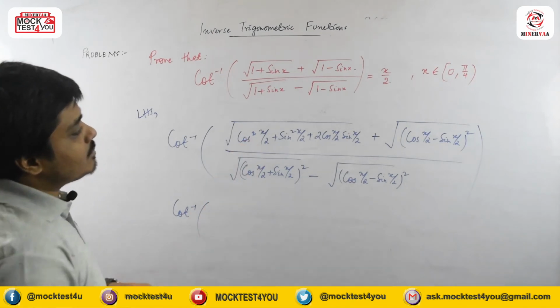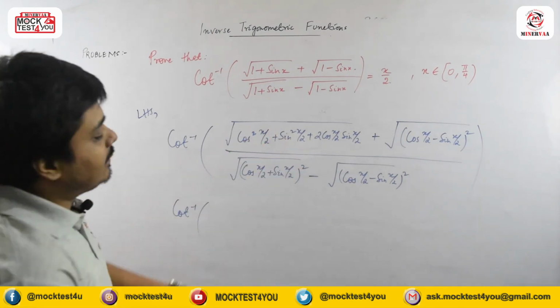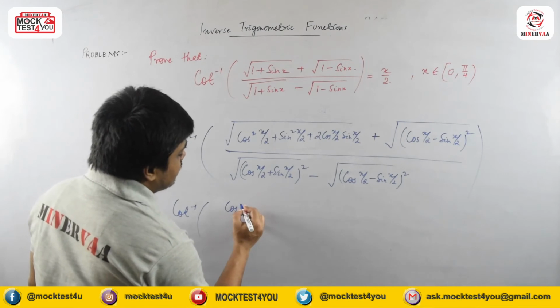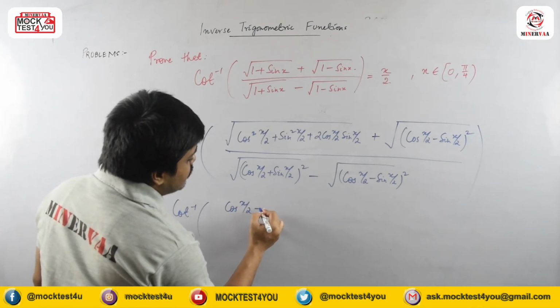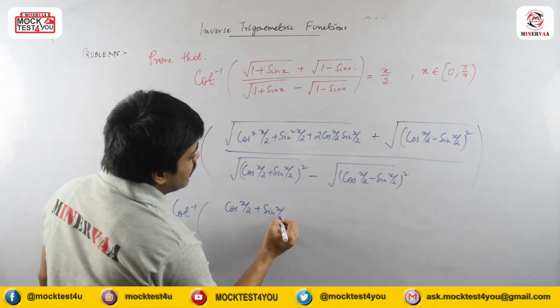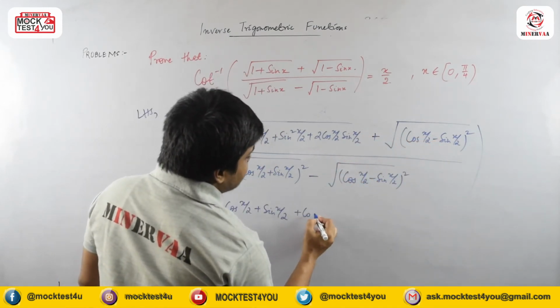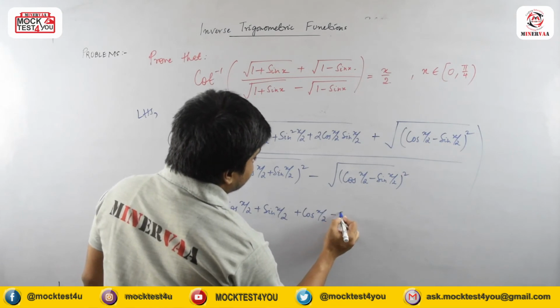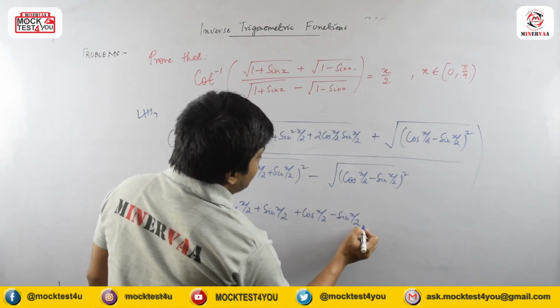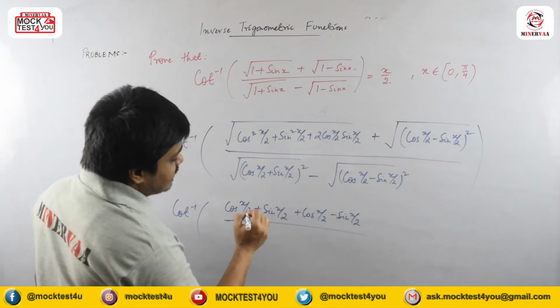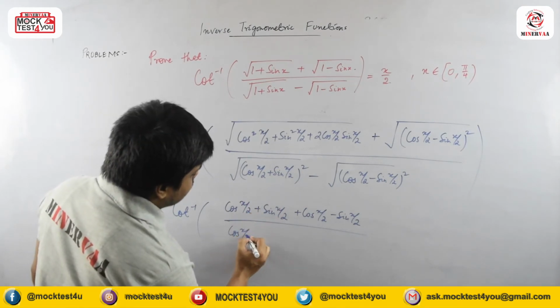The numerator becomes what? If I think of it as cos x by 2 and sin x by 2, so cos x by 2 plus sin x by 2. Then we have that side as cos x by 2 minus sin x by 2. Then in the denominator what we have is cos x by 2 plus sin x by 2.